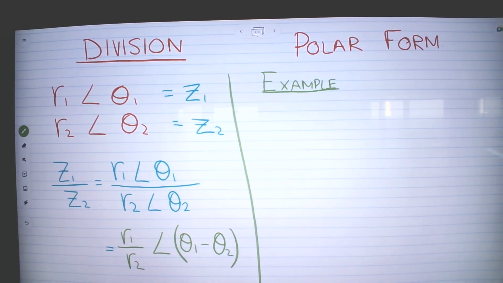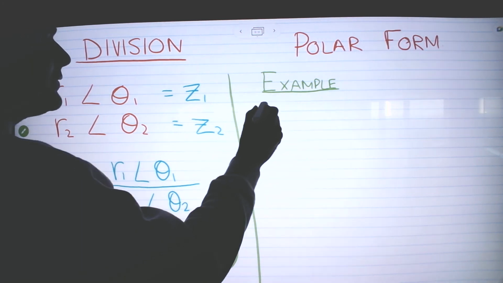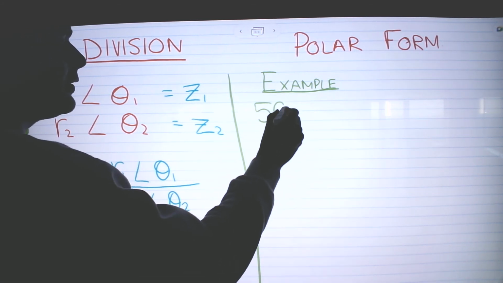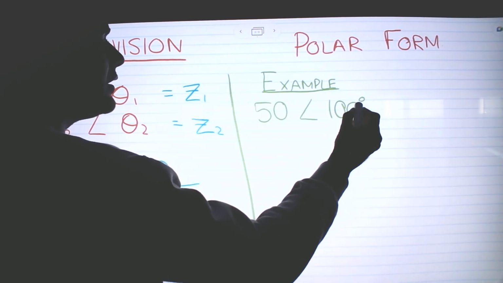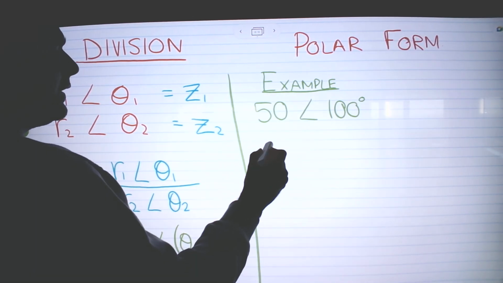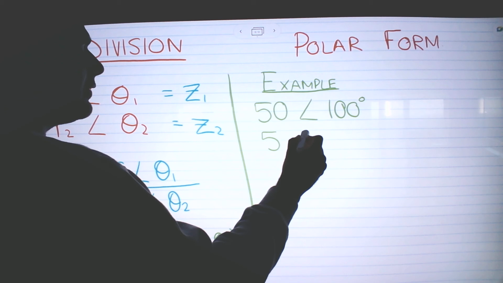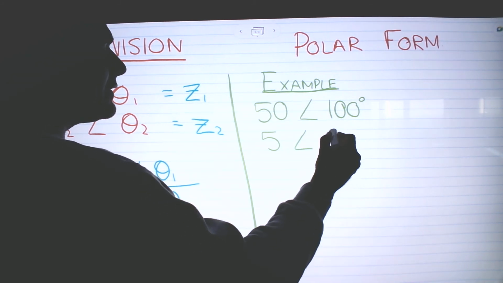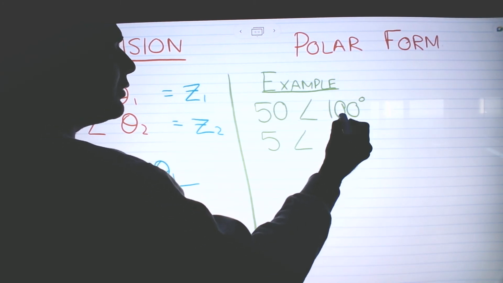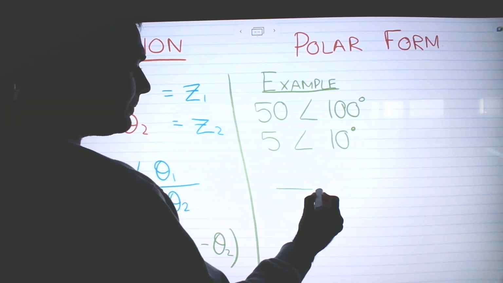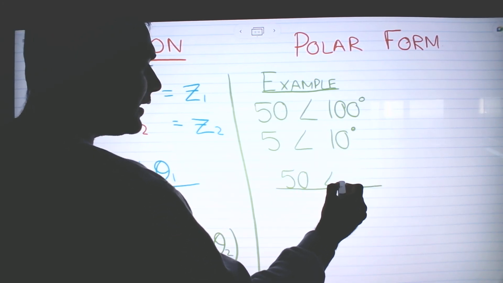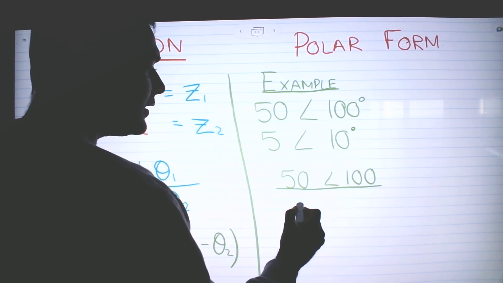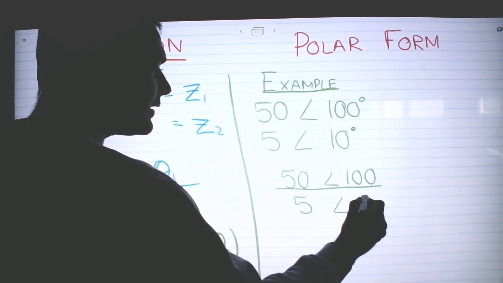Now let's say we have two complex numbers: 50 angle 100 degrees, and the other is 5 angle 10 degrees, and I want to divide them. You're going to do 50 angle 100 over 5 angle 10.